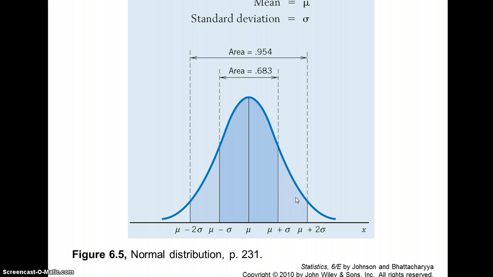The mu is the average, and it could be anything. But we're going to focus on the standard normal distribution. Like we did before, we standardize the variable.